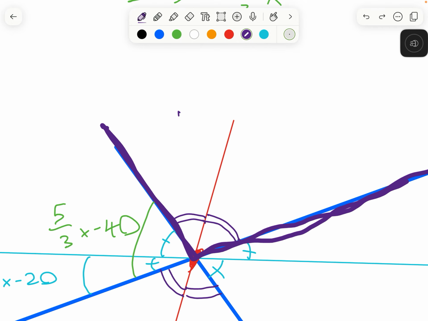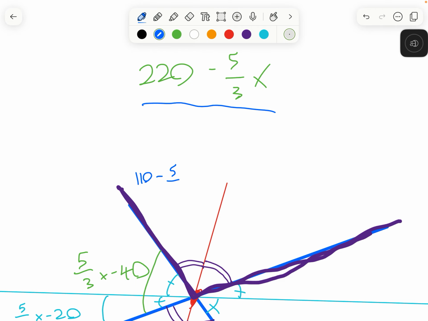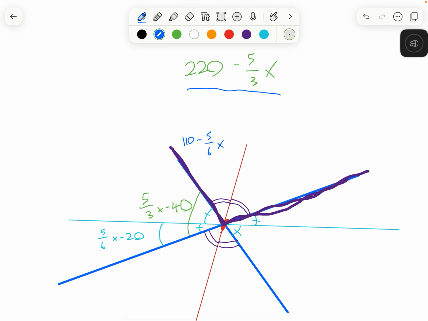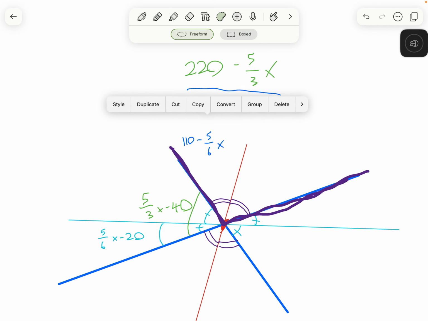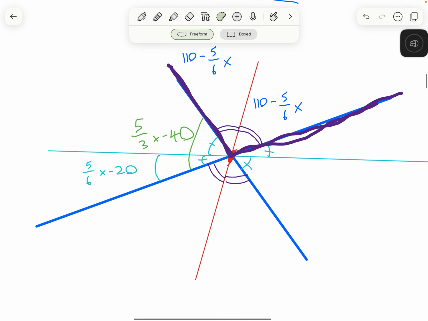How do you find the individual angles here? Well, they're bisected, so you just take this number divided by 2. Therefore you get 110 minus 5/6 x. So now we have the values of each of the smaller angles. Again, the measure of these purple angles, we found earlier: 110 minus 5/6 x.